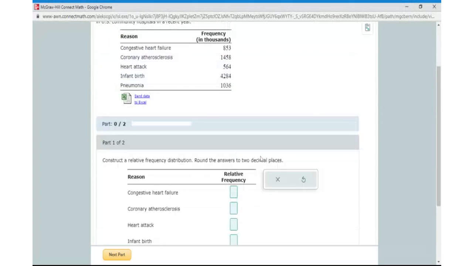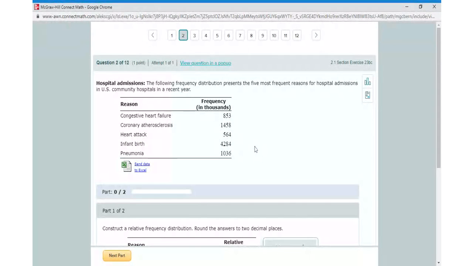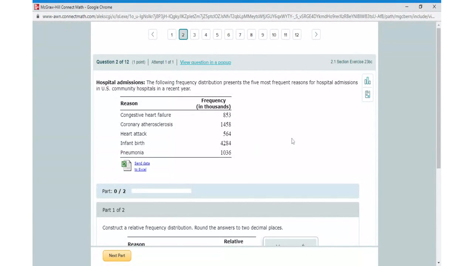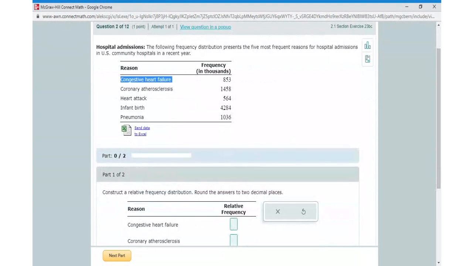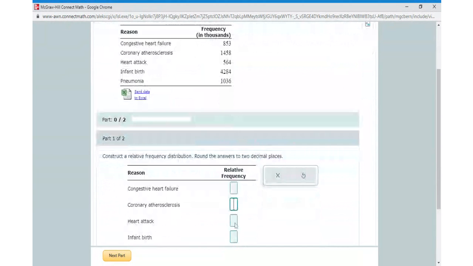It's an M&M's exercise. You get the total of all of these. Then you take each one and divide by that total. Go out to 2 decimal places, and make sure you're rounding off to 2 decimal places, and your total will be 1.